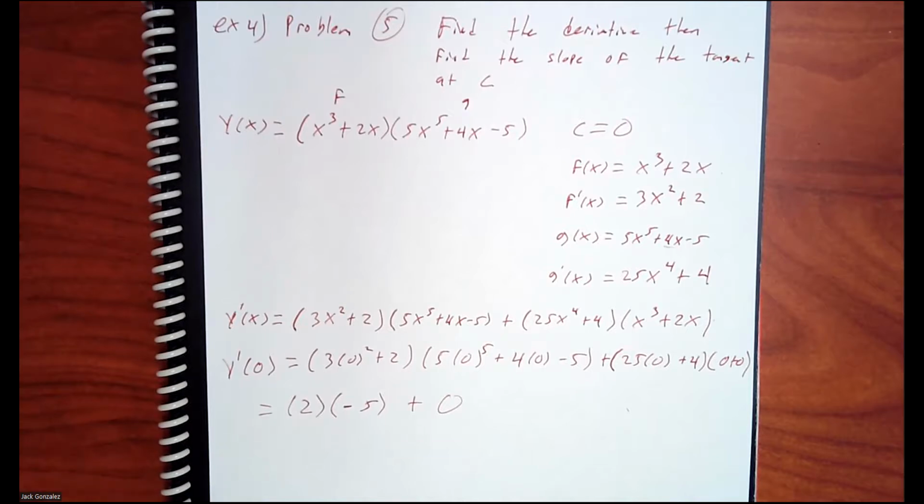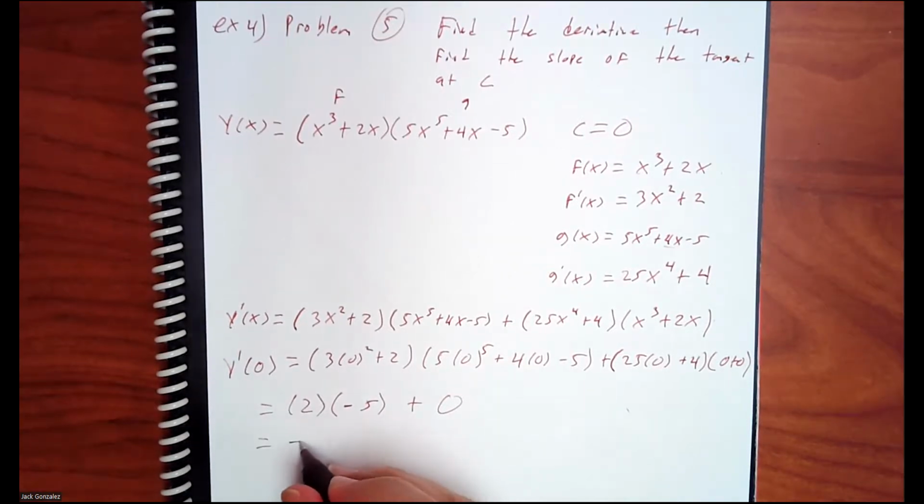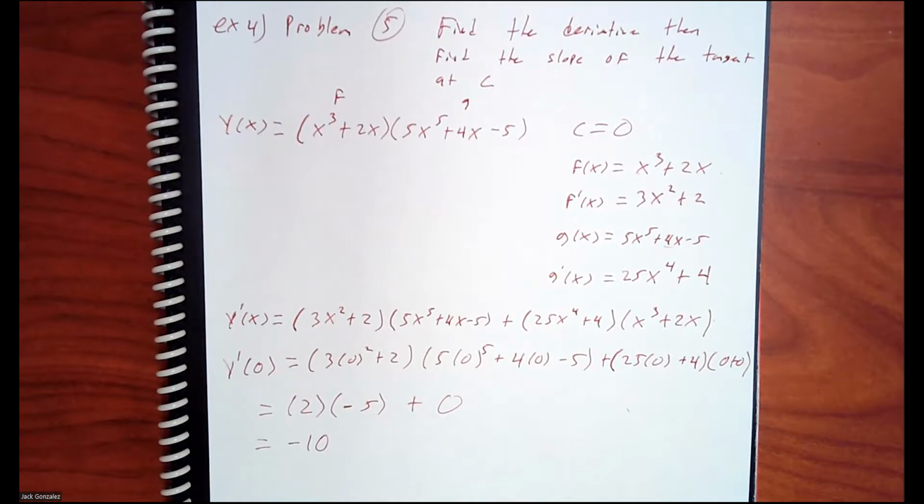So the slope at 0 is actually negative 10. Oh, but it's times 0. Never mind. Hang on. Yeah, 4 times 0.